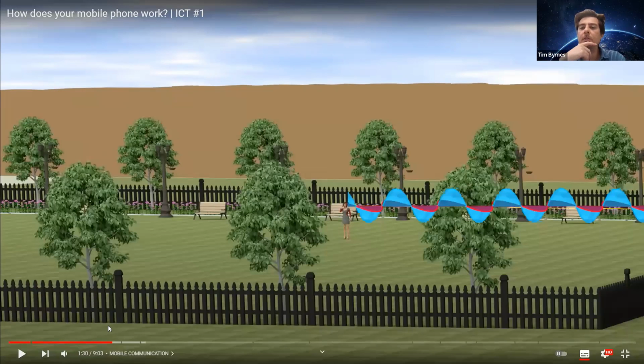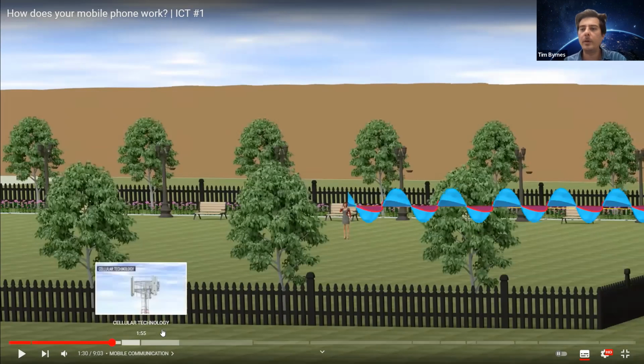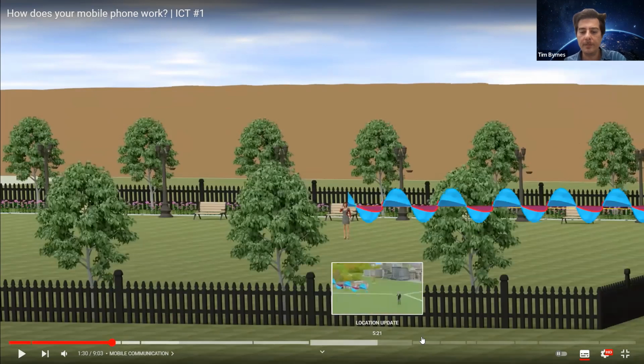It's just that the frequency range is a bit different, and of course you're using digital technology, encoding the information digitally. Finally, mobile phones work not by directly transmitting the actual wave from the sender to the receiver, but just to your nearest base station, and then it connects by optical fiber the rest of the way.